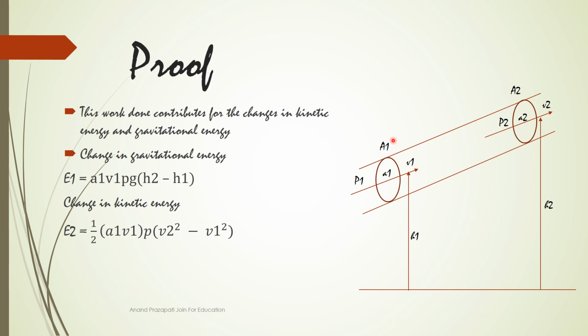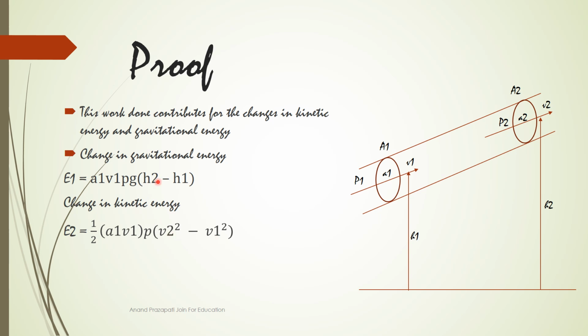I have said many times that the volume of the liquid per second at A1, A1 into V1, is equal to the volume of the liquid at A2 into V2. So the change in kinetic energy E2 equals 1 by 2 A1 V1 times the density of the liquid times V2 square minus V1 square, where V2 is the velocity at the point A2 and V1 is the velocity at the point A1 of the pipeline.